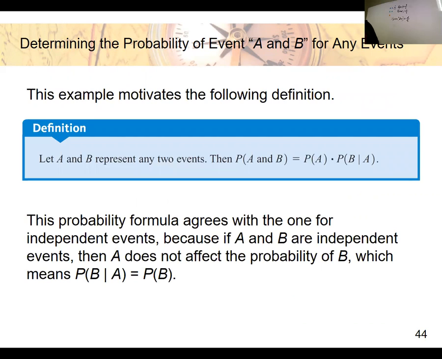Okay, and that leads to this definition here, where we have A and B being 2 events. The probability of A and B would be the probability of A multiplied by the probability of B, given that A has already occurred.